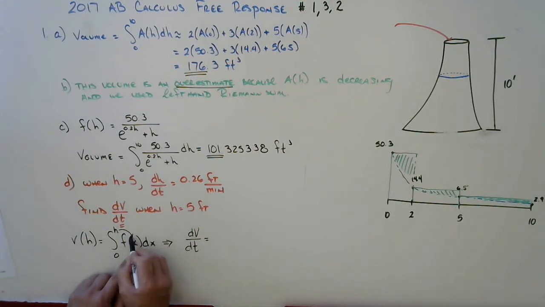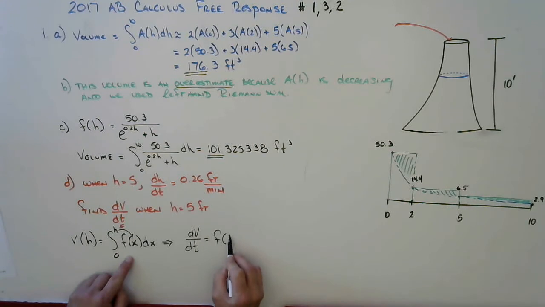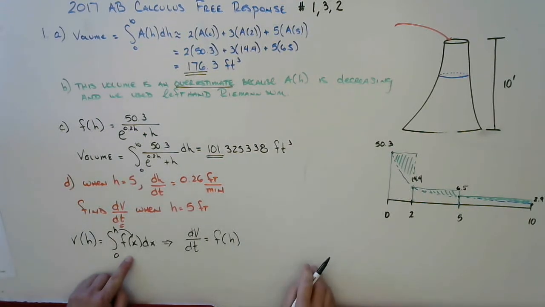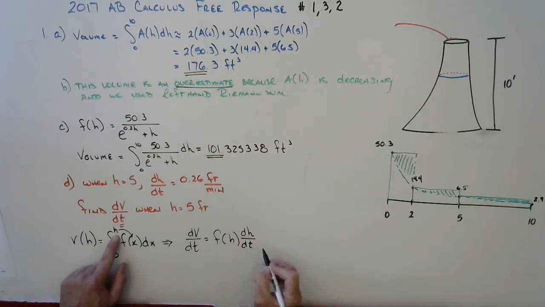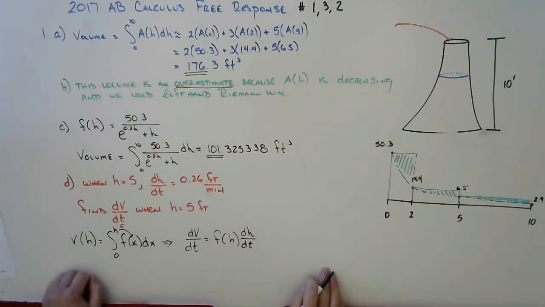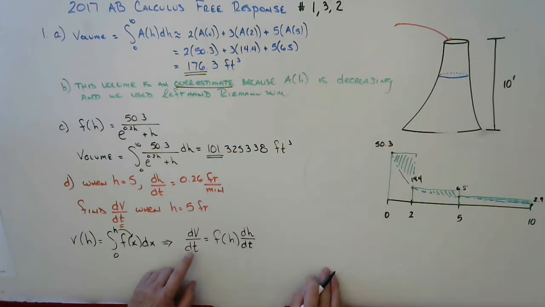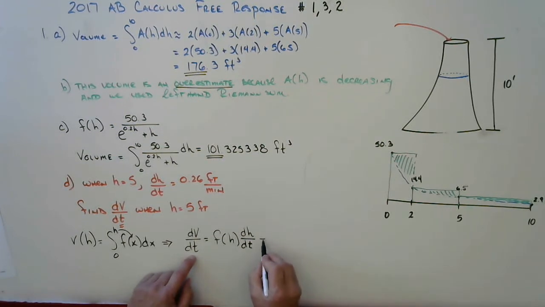We put this in here. But we're differentiating with respect to t, so this is an h. So by implicit differentiation, we get dh/dt. We have to remember the chain rule. Now they want us to tell them what this is at the time when h is 5. Well, we can do that.